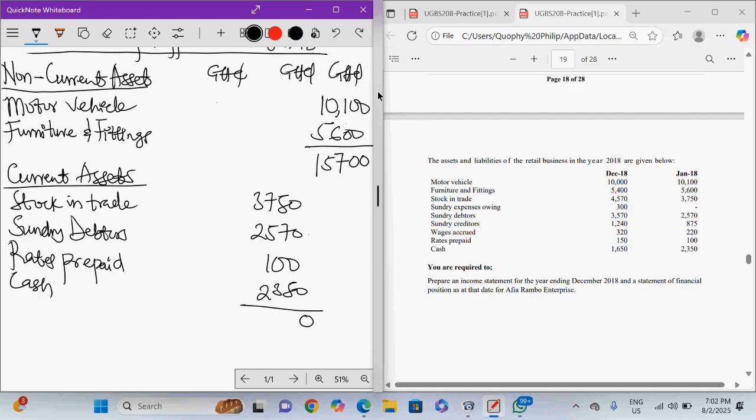Are you computing? Yes. The total will be 24,470.